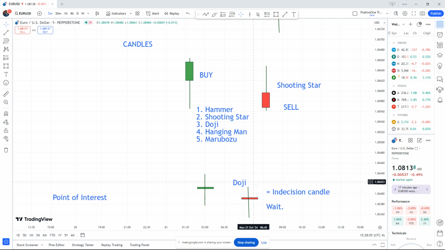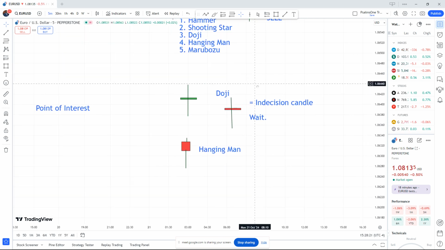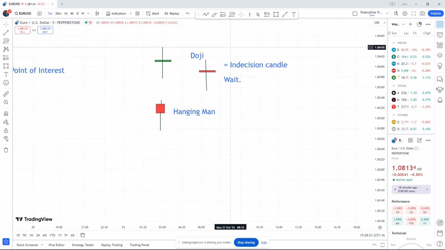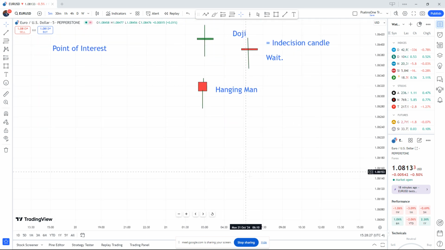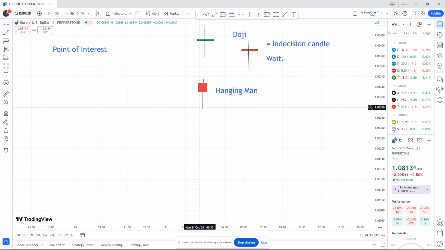So the third one I'm going to draw tonight is the hanging man. This is like the hammer, but it's now red in color. I think the reason they call it hanging man is like somebody that wants to go and hang himself.